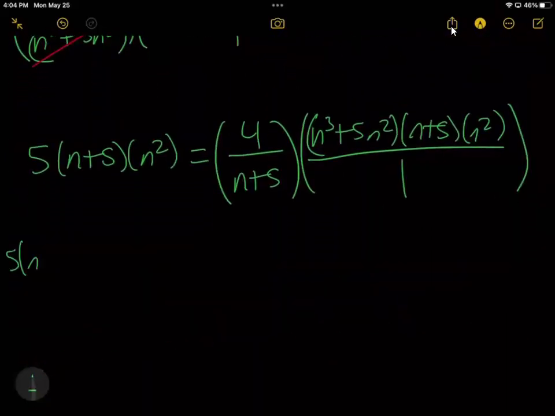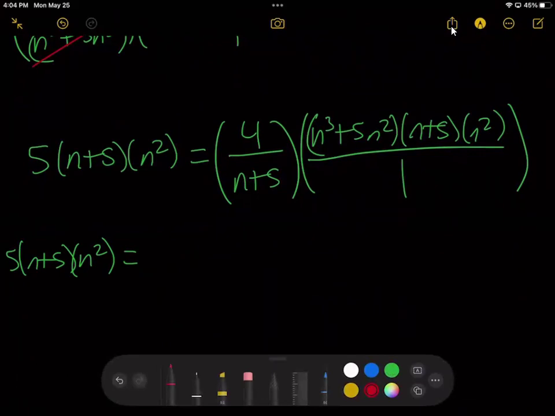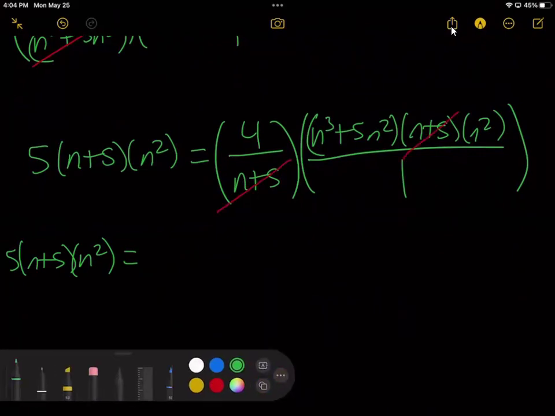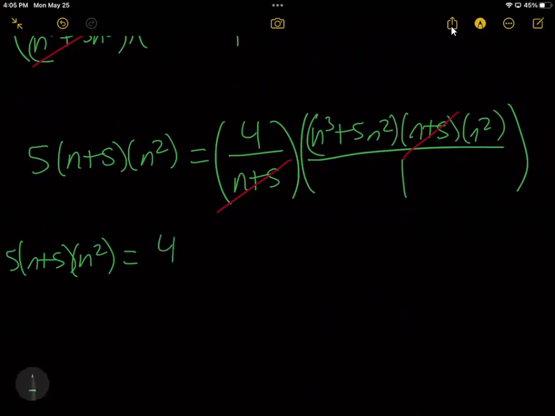I don't want to lose what I did on the other side. But now I need to cancel out what needs to be canceled. This did its mission. It got rid of that denominator. And now we have 4 times n cubed plus 5n squared times n squared all over 1.